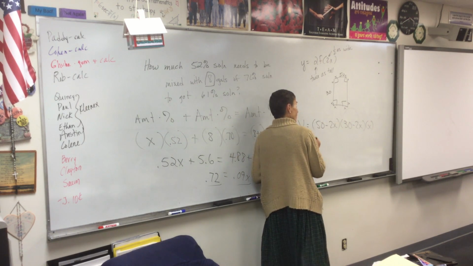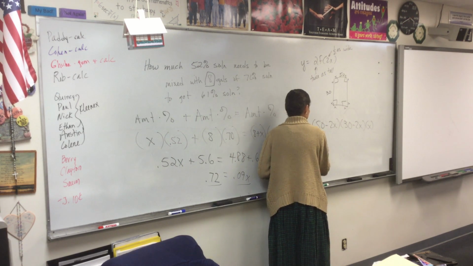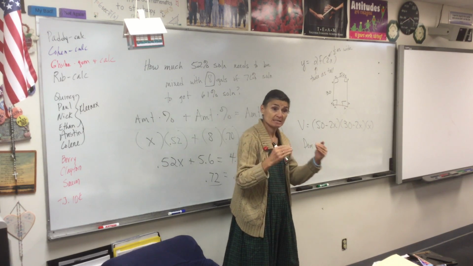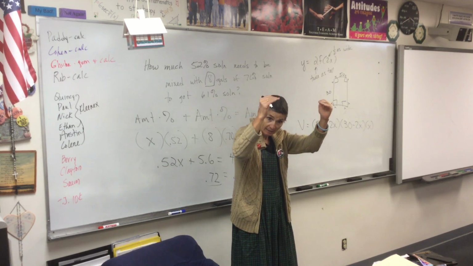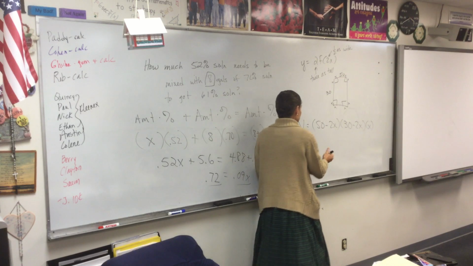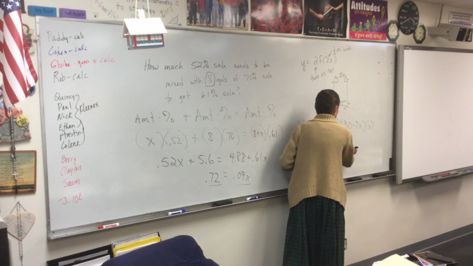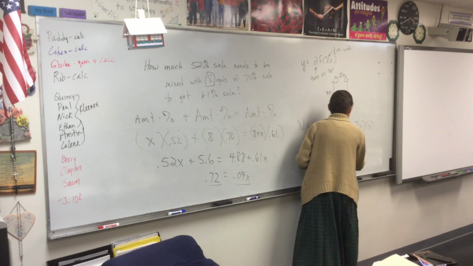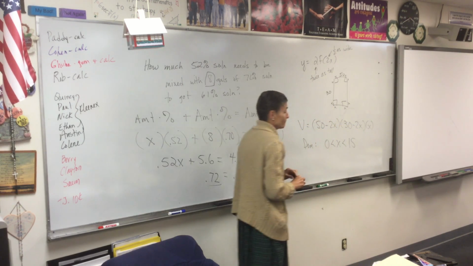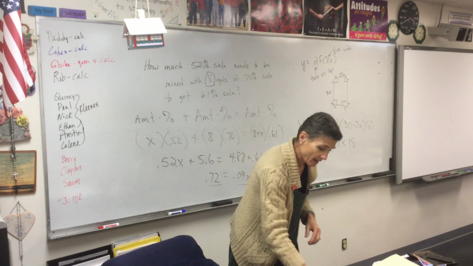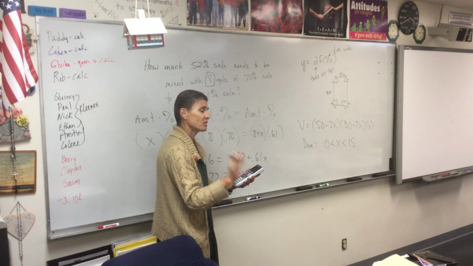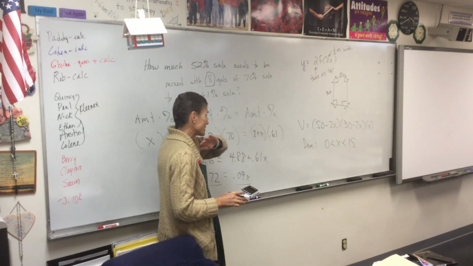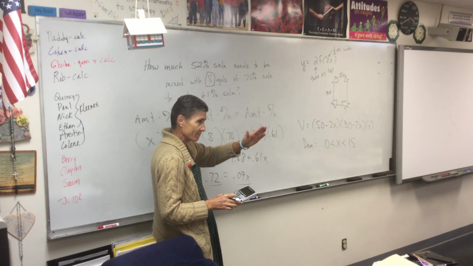What's my domain? Now, and this is important because when I set up my calculator, this is my X min and X max. So what's my domain? 0 less than X less than 15. Half the smallest dimension. So now I go to my calculator and I do two things. Before I press graph and all that, don't press graph.